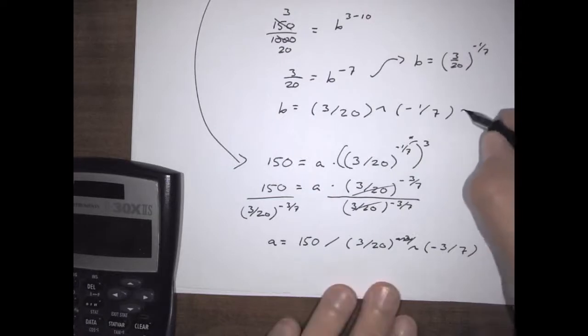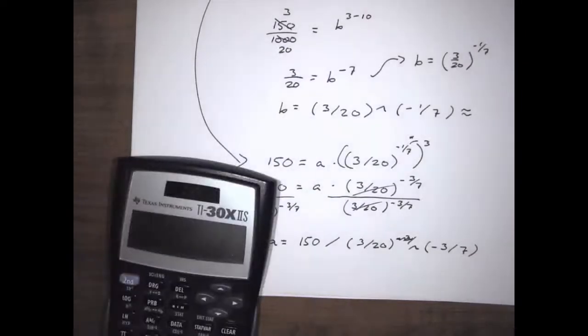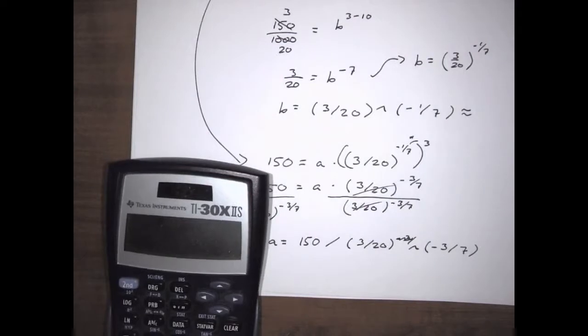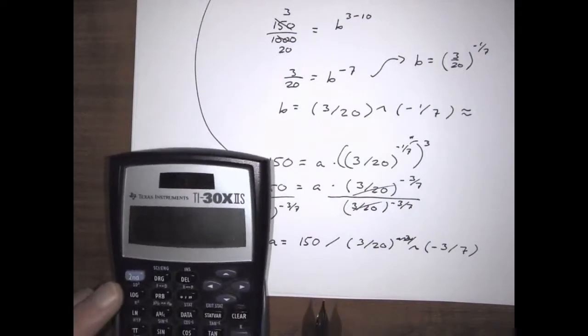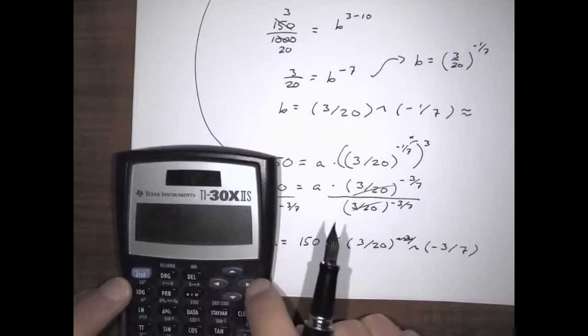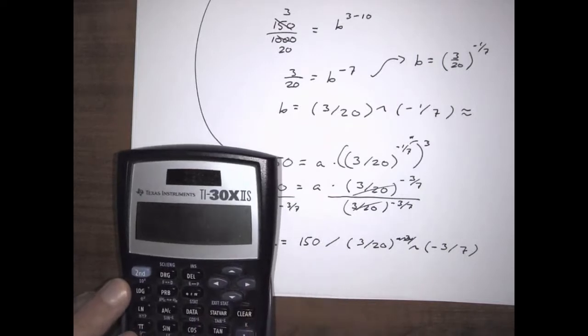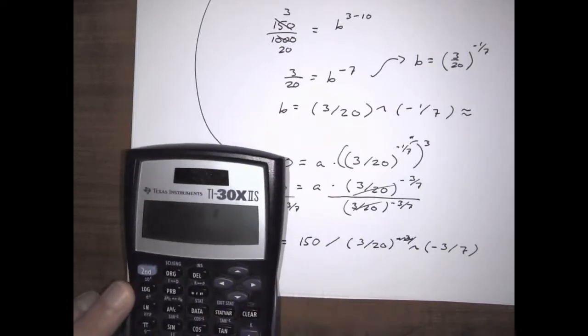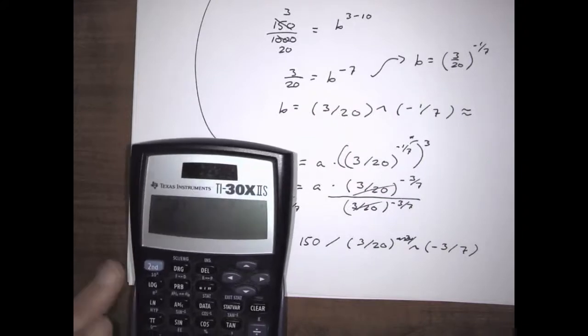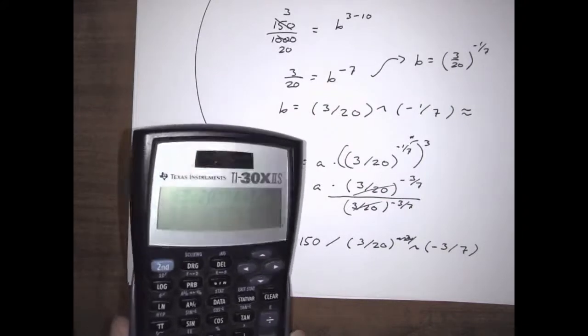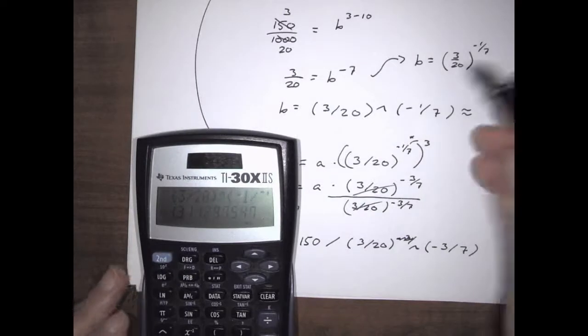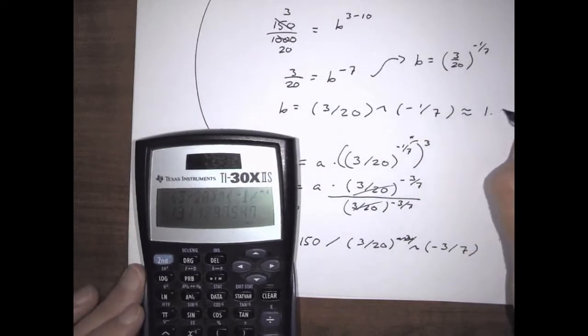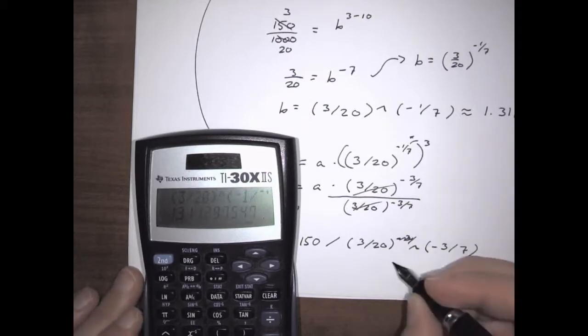So then B is approximately, so we'll go ahead and evaluate that one, 3 divided by 20 to the power, you definitely need those parentheses, otherwise you are in trouble. So it's 3/20 to the power of negative 1/7. That's going to give us our B. And that gives us 1.3113 if I go to 4 decimal places.